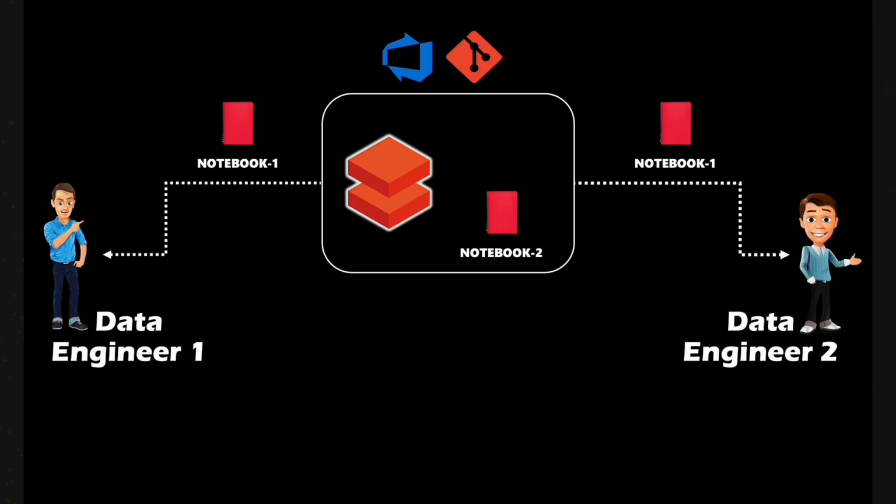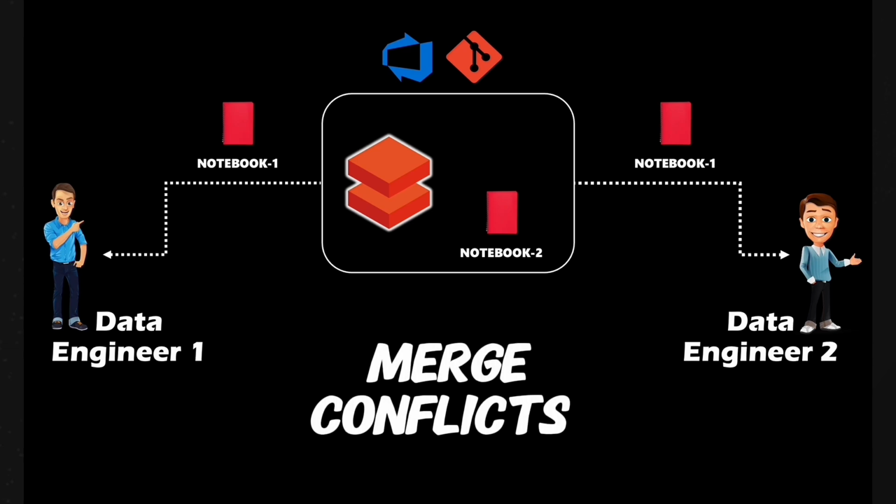So there will be a conflict in the merge, and this process is called a merge conflict. So in simple words, merge conflicts happen when different changes are made to the same part of your file and are merged to the main branch. I hope that makes sense.